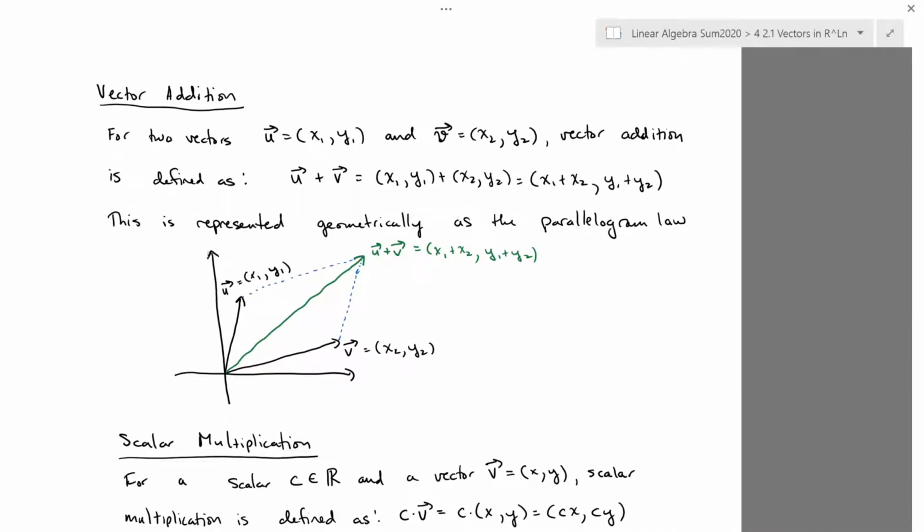When we're working with vectors, there are two operations associated to vectors: vector addition and scalar multiplication. Essentially, these two operations are exactly like what we do to matrices. Given two vectors, the way we add them together algebraically is to just add the corresponding coordinates, so the x coordinates add together and the y coordinates add together.